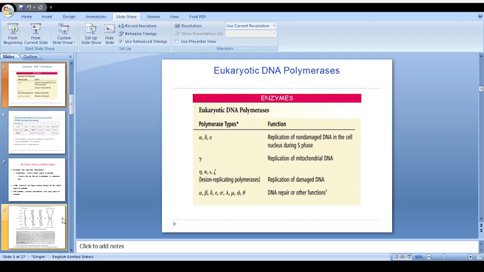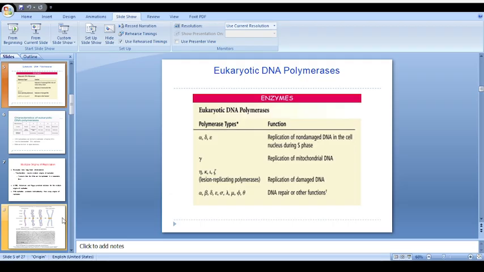They are involved in the replication of non-damaged cells in the nucleus during the S phase, and gamma is responsible for mitochondrial replication. Additional enzymes are available that include eta, kappa, and theta.